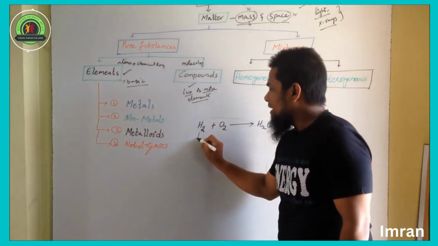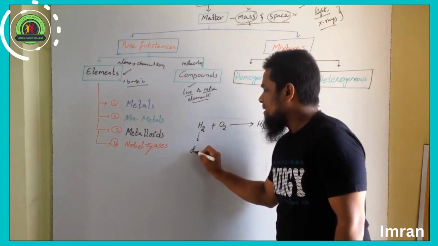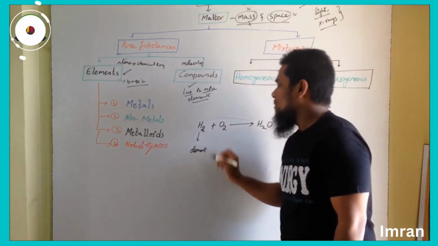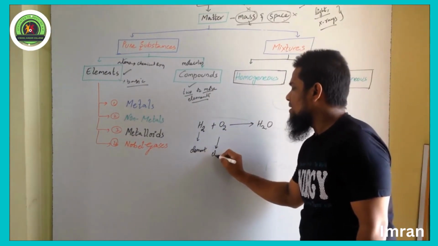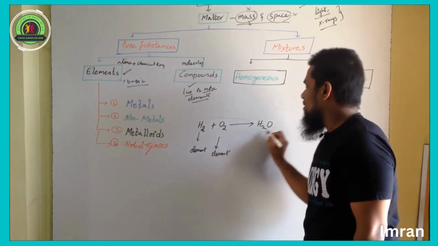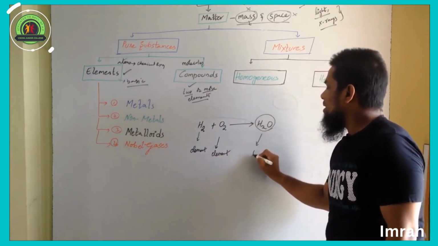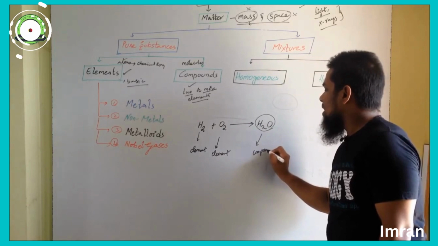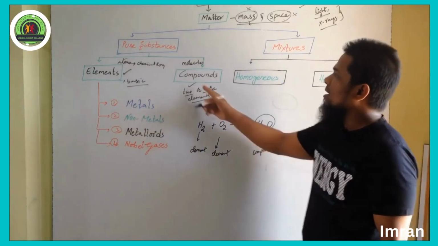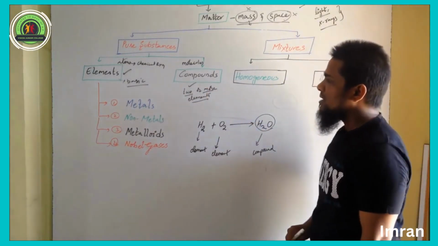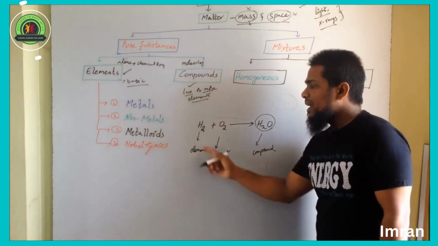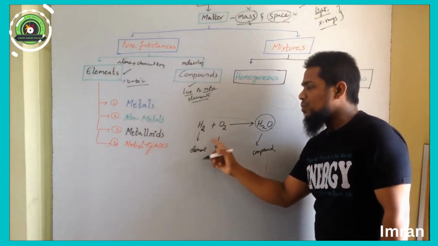Hydrogen here is the element, and oxygen is also in its elemental form, whereas H2O here is a compound. As we said in the definition, compounds are substances formed due to the chemical combination of two or more elements.